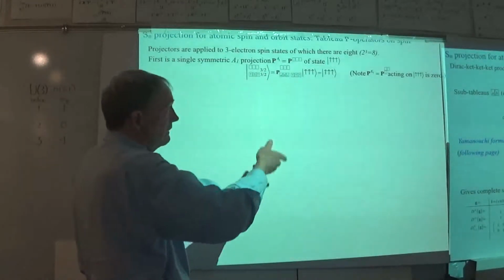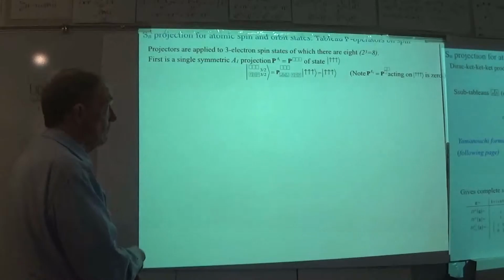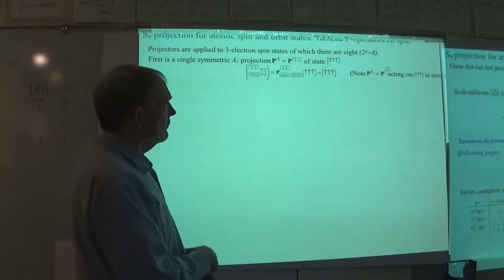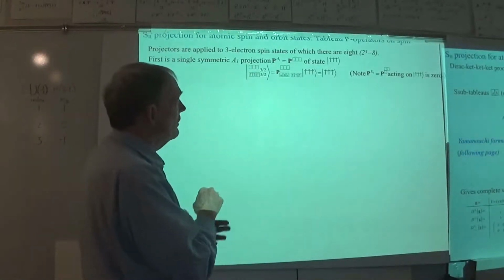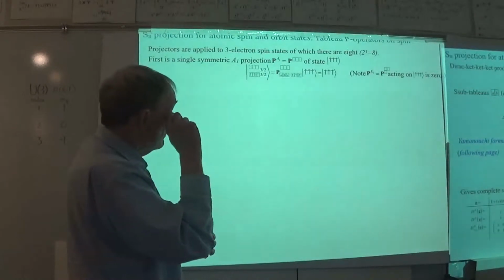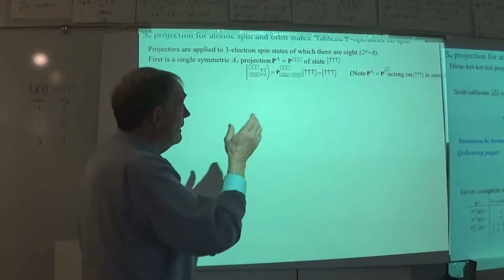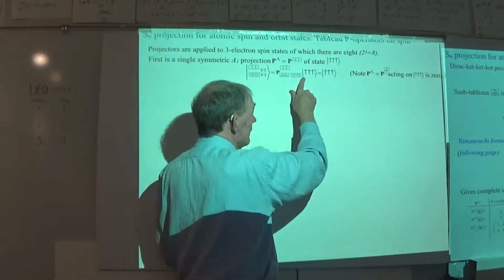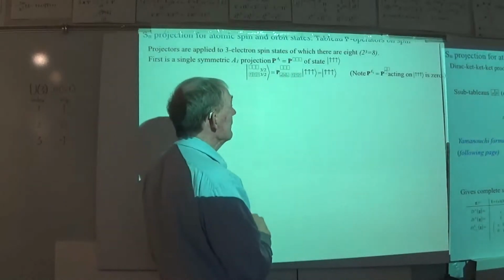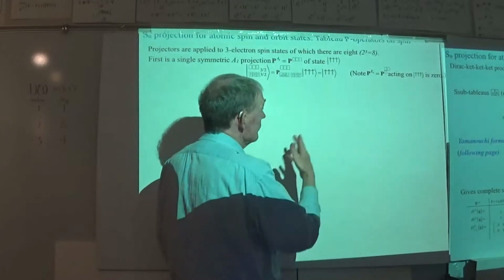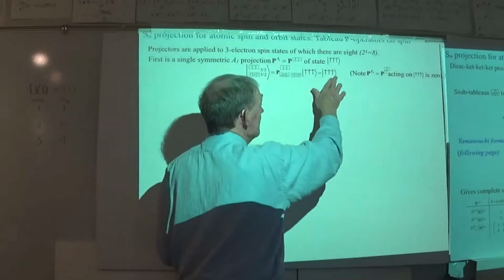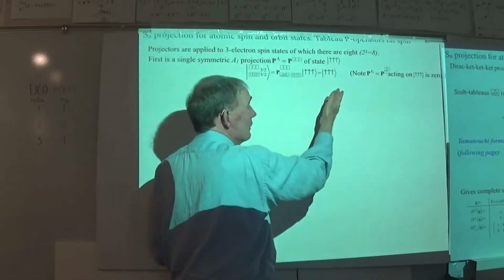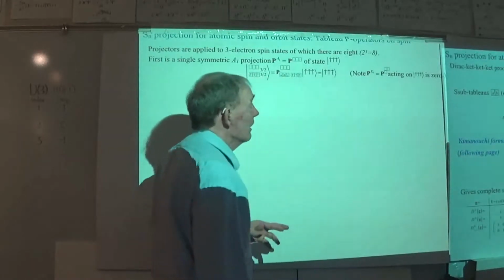So the calculus of angular momentum deserves to have this kind of notation. So here we come, and we're talking about the spin state, and we're talking about a totally symmetric combination of that. So we're going to go through and sum up all of these guys with the same phase, and just get one state. There isn't anything more.